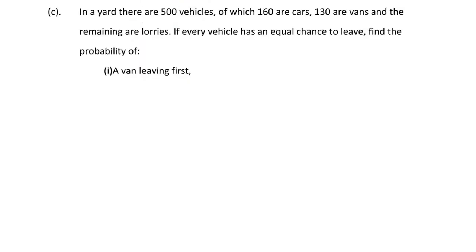Part C of the question, in a yard there are 500 vehicles, of which 160 are cars, 130 are vans, and the remaining are lorries. If every vehicle has an equal chance to leave, we are supposed to find the probability of, for Roman 1, a van leaving first. Okay, so this is a probability problem. We have to recall that the probability of an event equals the number of events over the number of sample space.